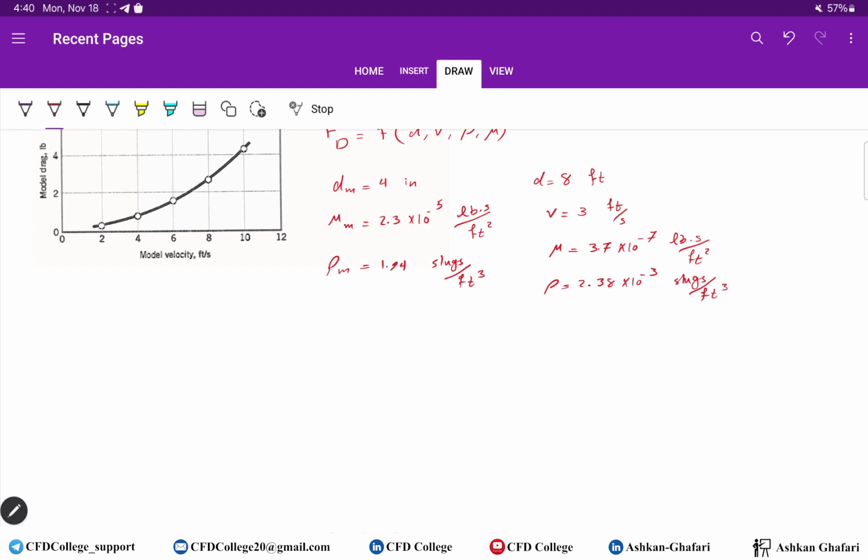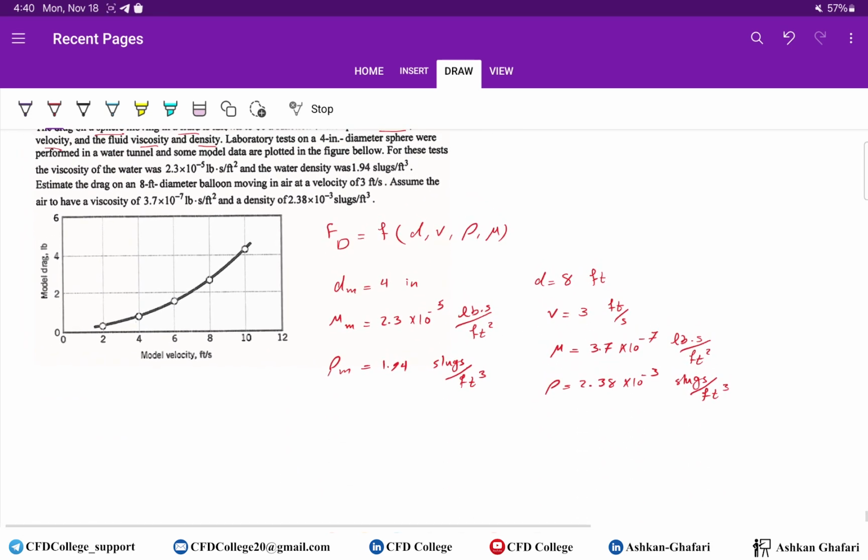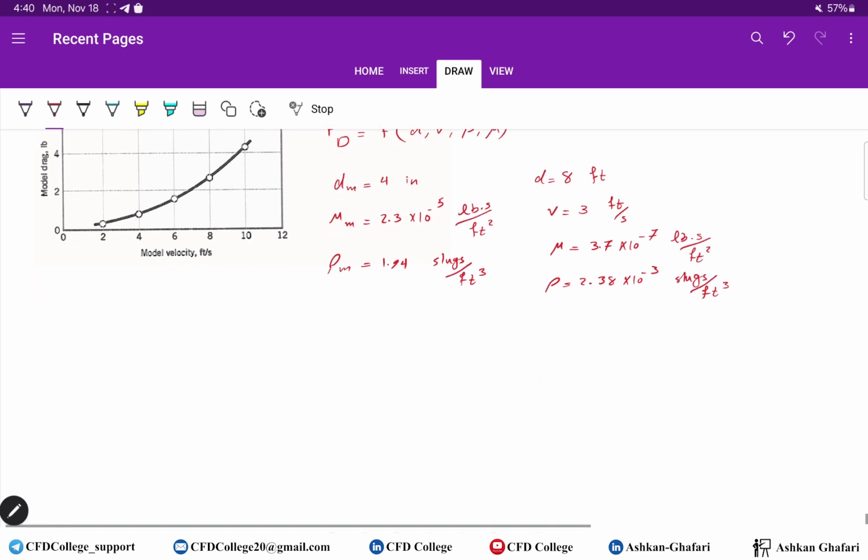We just need to find the dimensionless numbers, dimensionless groups, and then maintain the similarity to find the drag force on the prototype, which is a balloon.